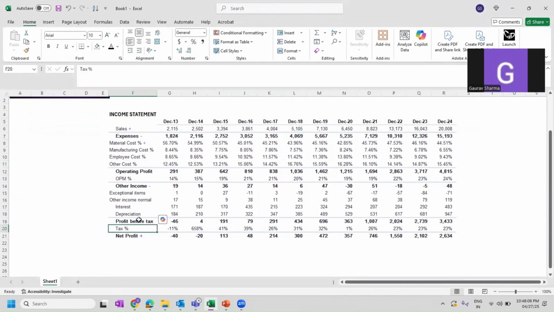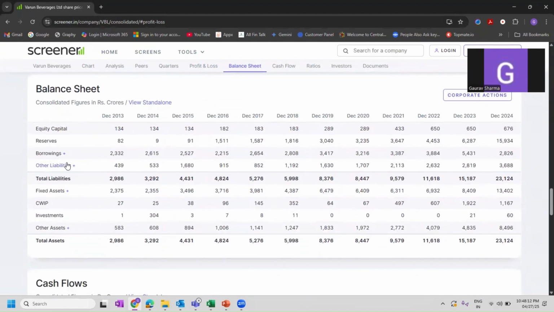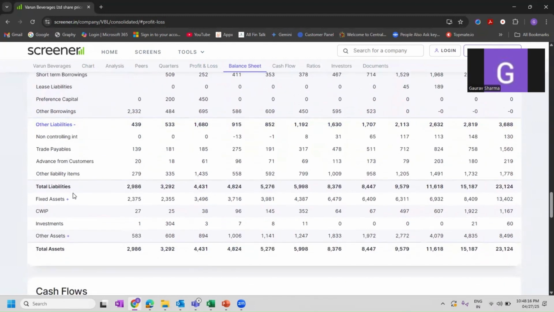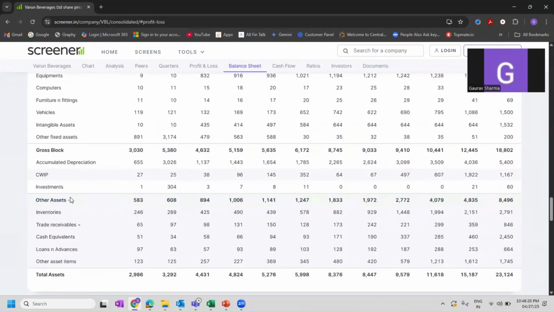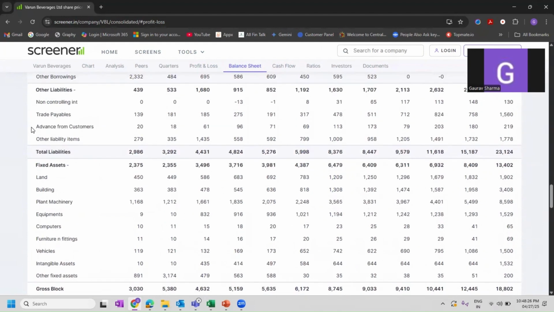Perfect. Now we'll go on and copy the balance sheet. Borrowings we'll expand, other liabilities we are expanding, fixed assets we are expanding, other assets also let's expand, and yeah, I think this should be okay.